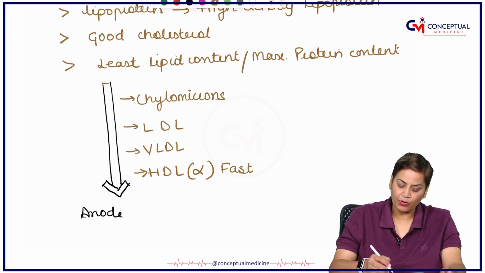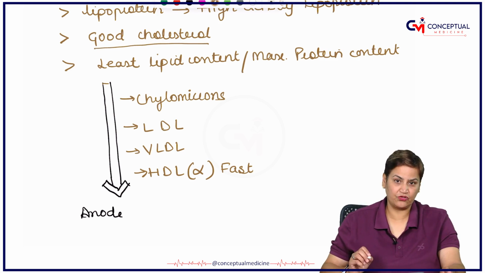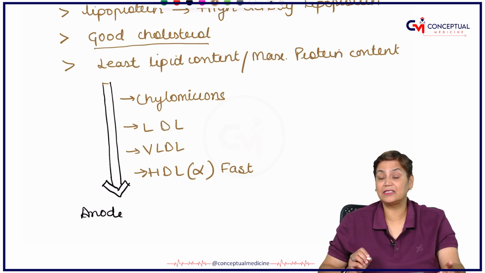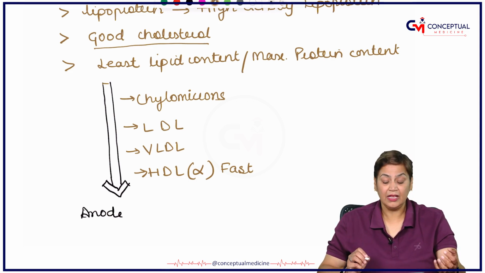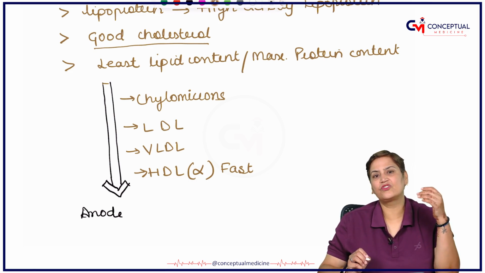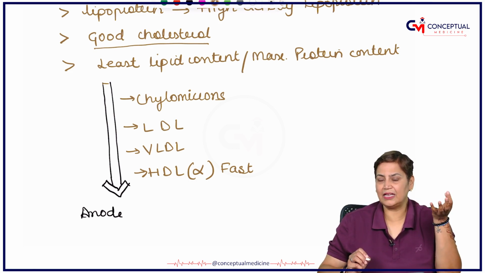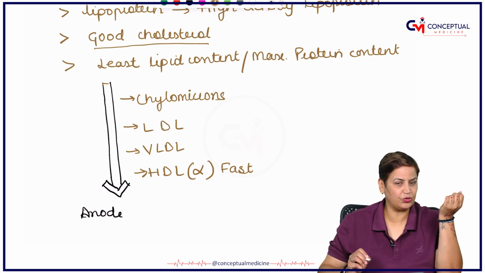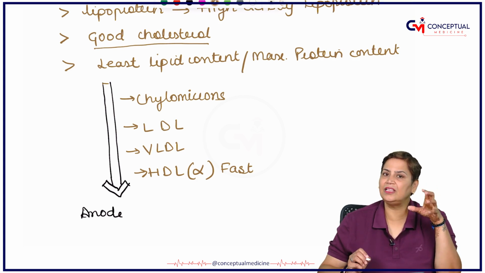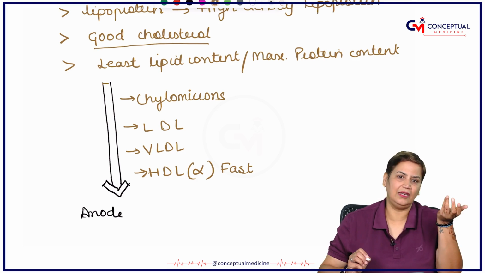Another important point is that it is called good cholesterol. Why is HDL known as good cholesterol, and why is LDL known as bad cholesterol? The function of HDL is to bring cholesterol from all the extrahepatic tissues and hand it over to the liver.